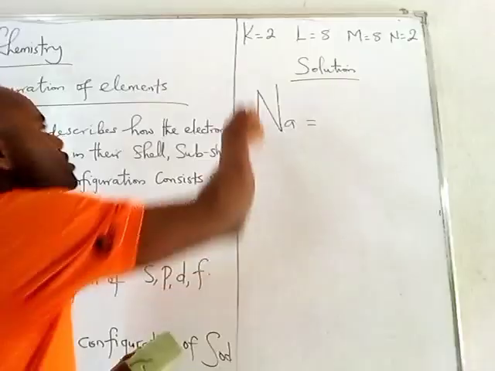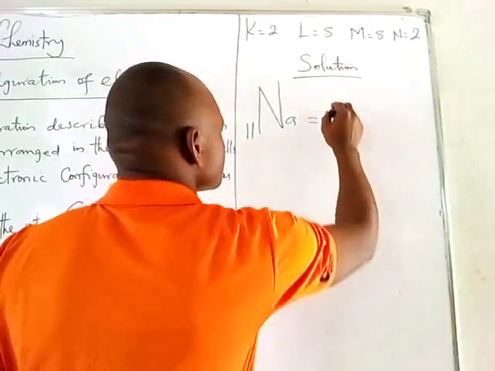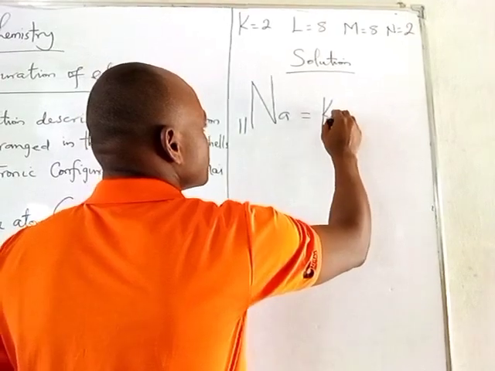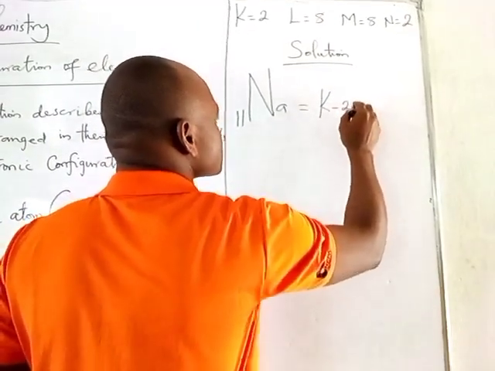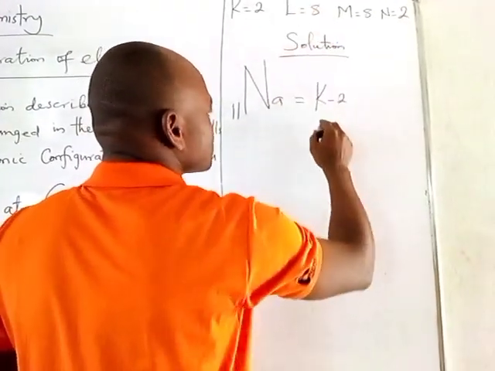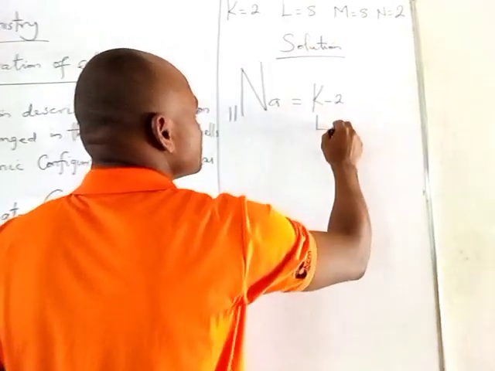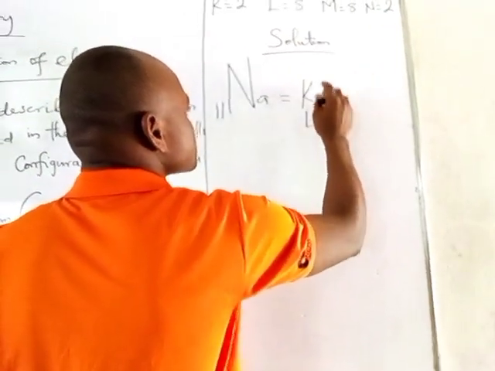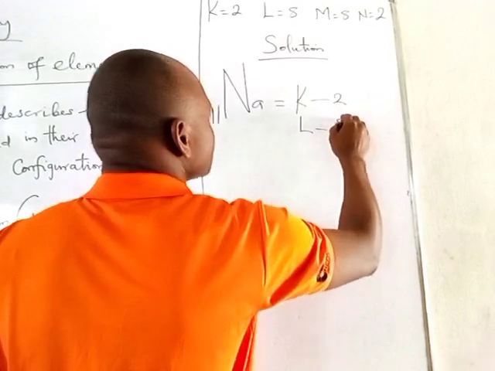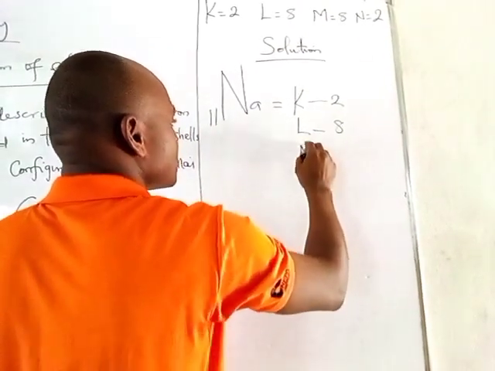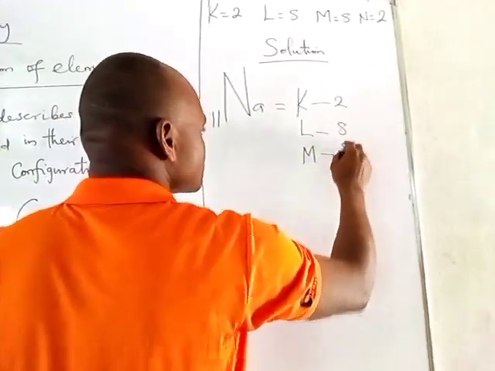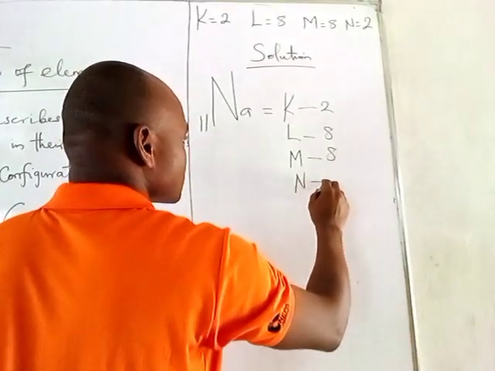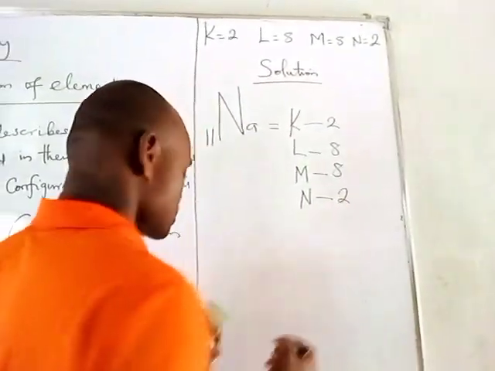And now let's see how we can use this method to solve this. Now we said the K shell has a maximum number of 2 electrons. The L shell has a maximum of 8 electrons, the M shell has a maximum of 8 electrons, and the N shell has 2 electrons.